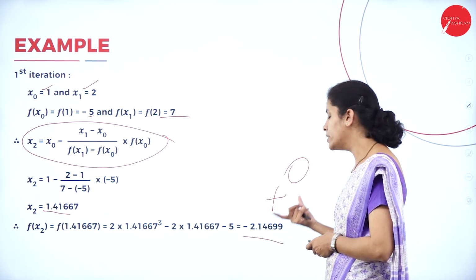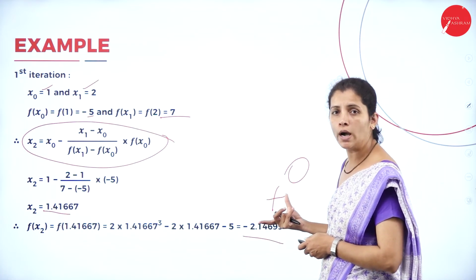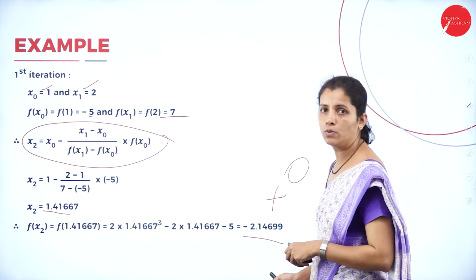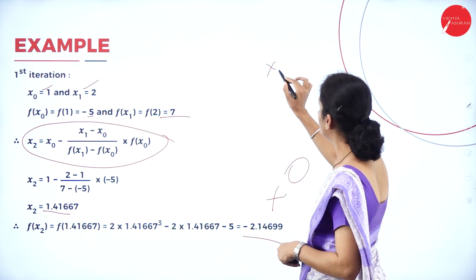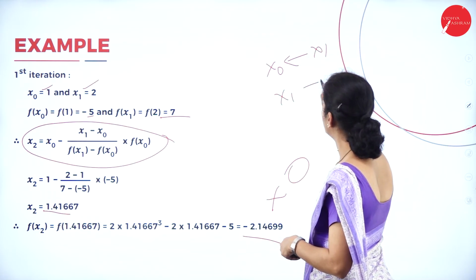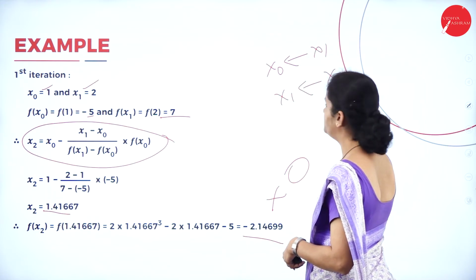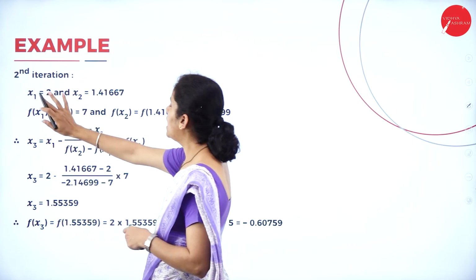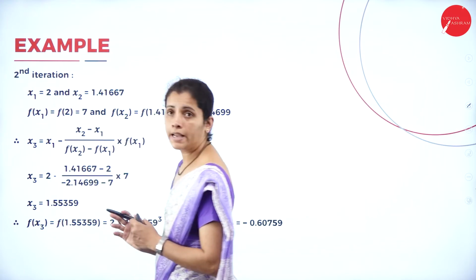So if it is not equal to 0, what I want to do? I just want to swap the value. That means I just want to make it x0 equal to x1 and x1 equal to x2. See here. Now I'm in second iteration.